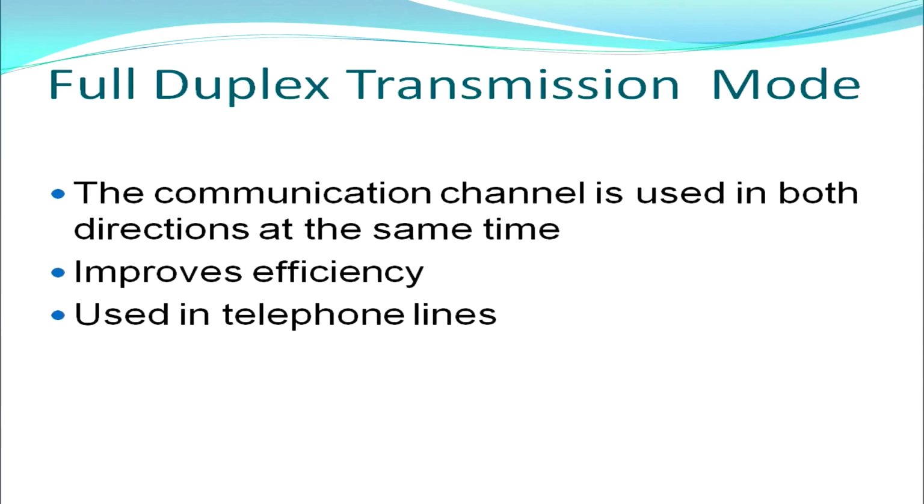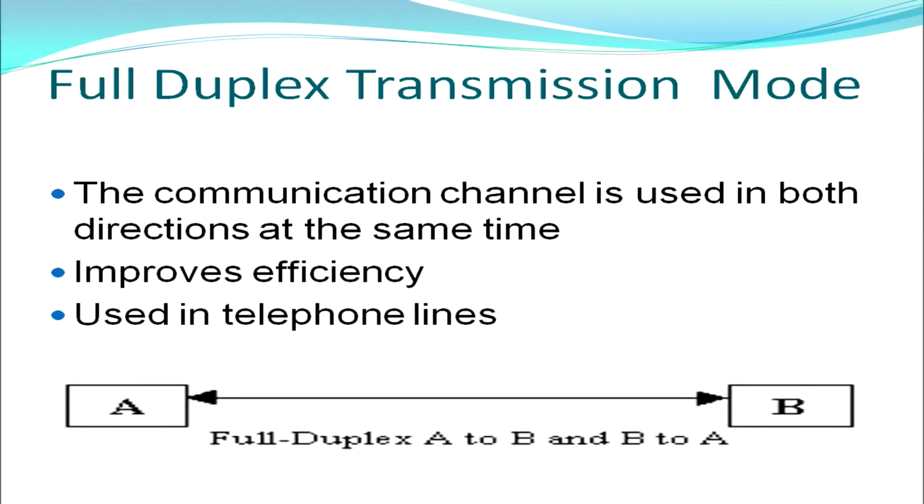Our telephone lines are majorly using the full duplex transmission mode, as you must have experienced that one single telephone line is used to communicate between 2 computers for sending and receiving the data at the same time. So, full duplex transmission mode is the most efficient transmission mode that is used for communicating data over the network.